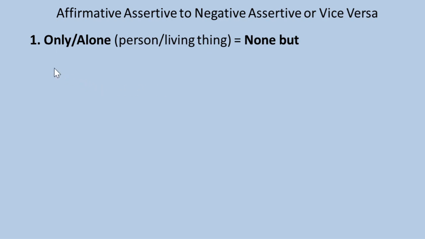So look at the number one rule. Only, alone equals none but. If only or alone refers to a person or living thing, we use none but instead of only or alone if we want to make it negative.